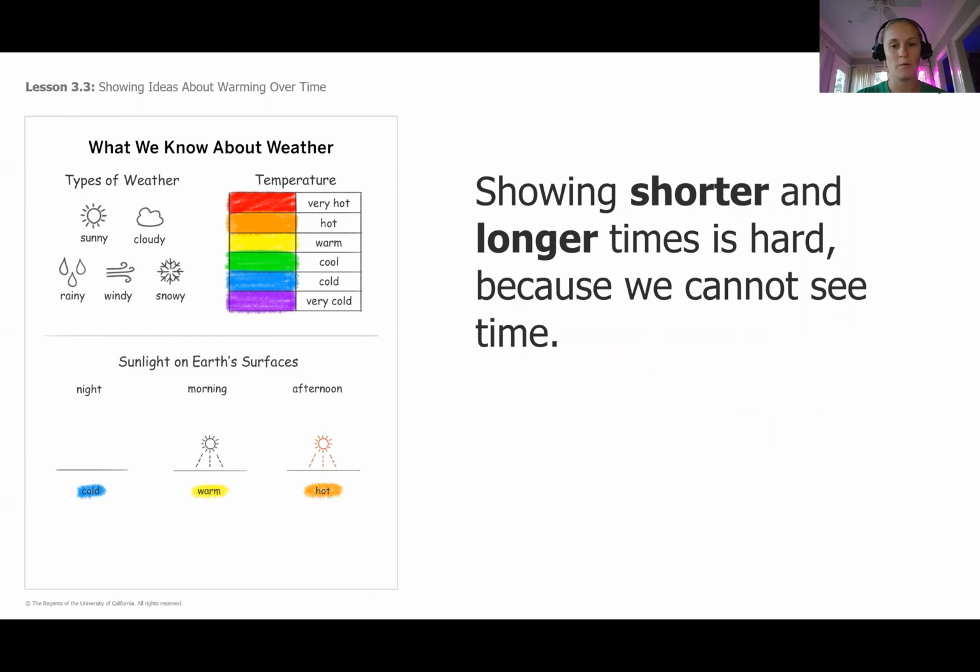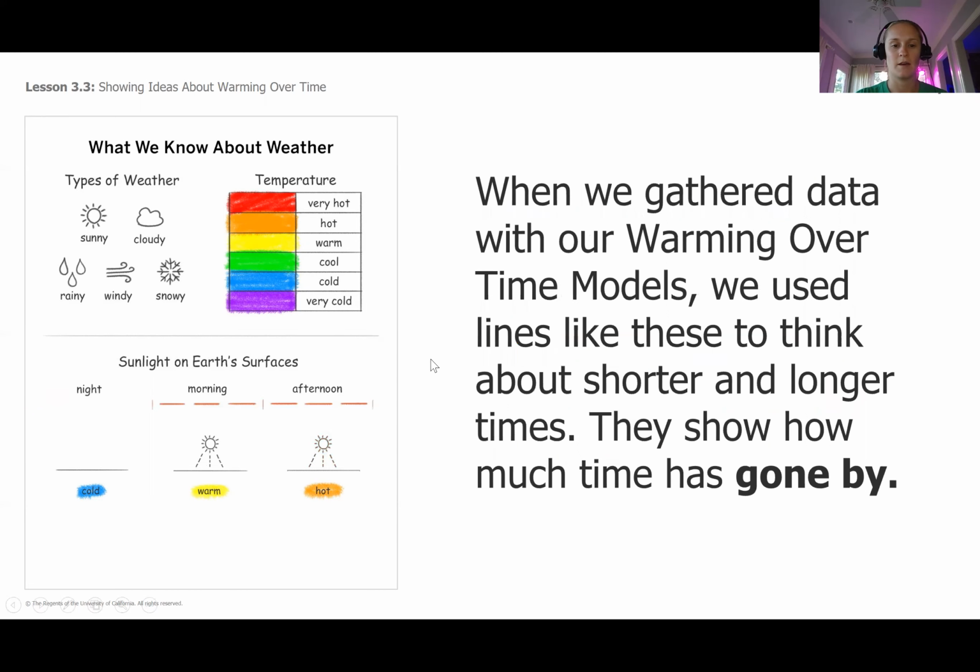So we're going to see if showing shorter or longer times is going to make it warm or hot outside. It's kind of hard to show that on my chart here. When we gather data about warming over time, we can use lines like this to show shorter or longer times, and they show how much time has gone by.